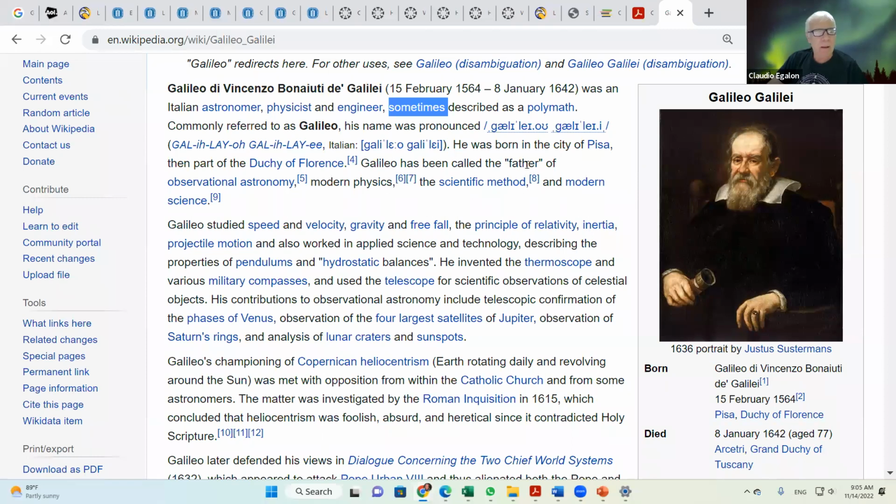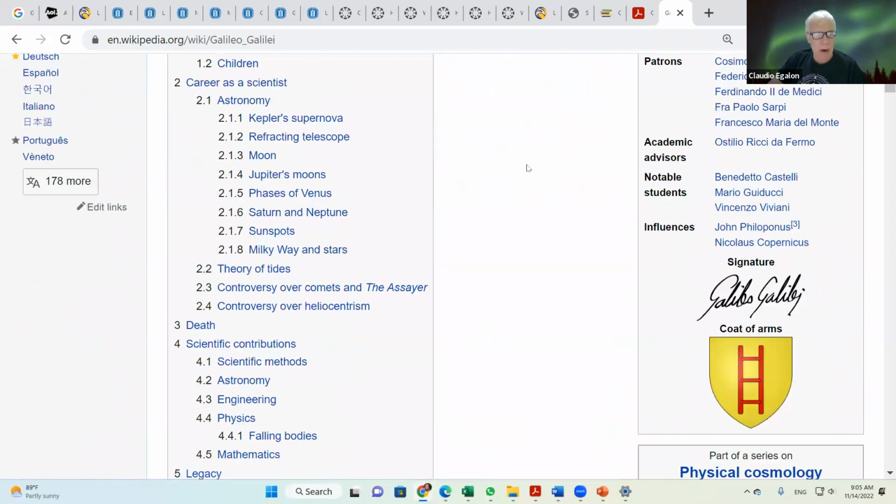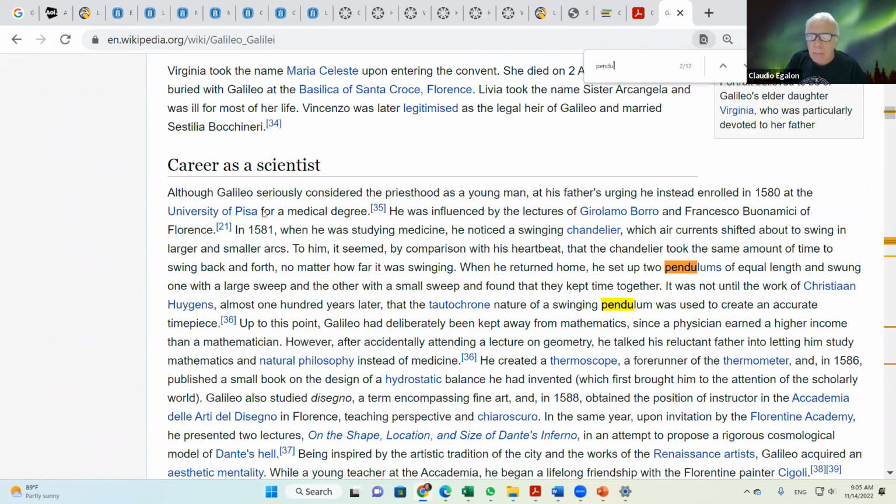Let's see, there is something about the pendulum. We want to talk just about the pendulum. Here is a scientist. When he returned, he set up two pendulums of equal lengths.